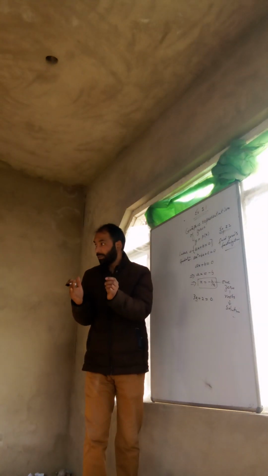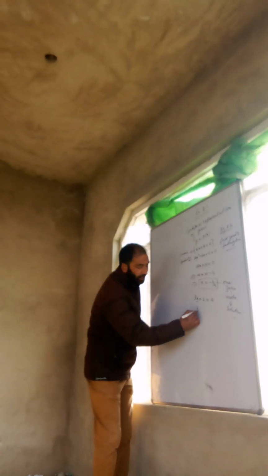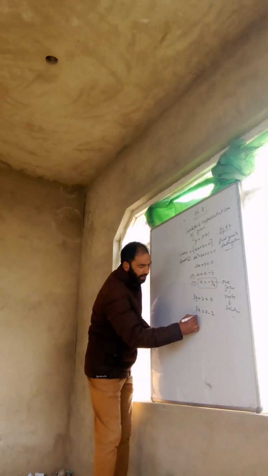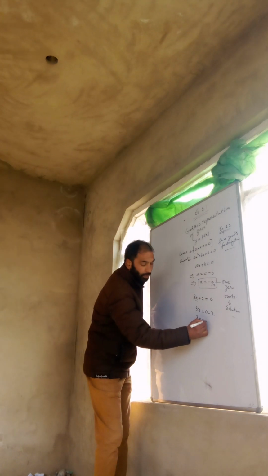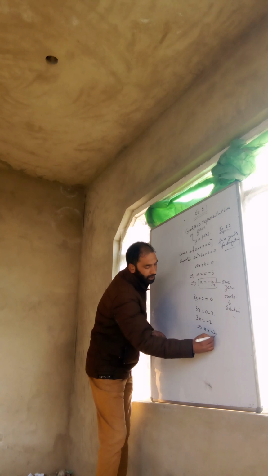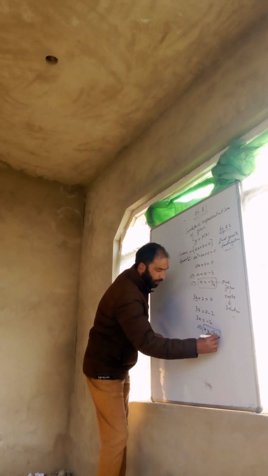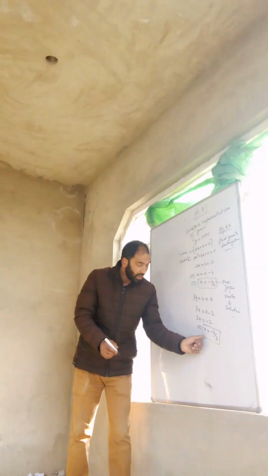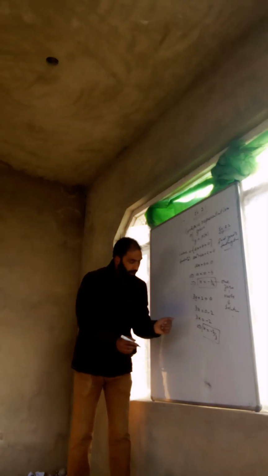We write here 3x is equal to 0 minus 2, that is 3x is equal to minus 2, which implies x is equal to minus 2 by 3. If we put this in the equation, it is called the zero of this equation.